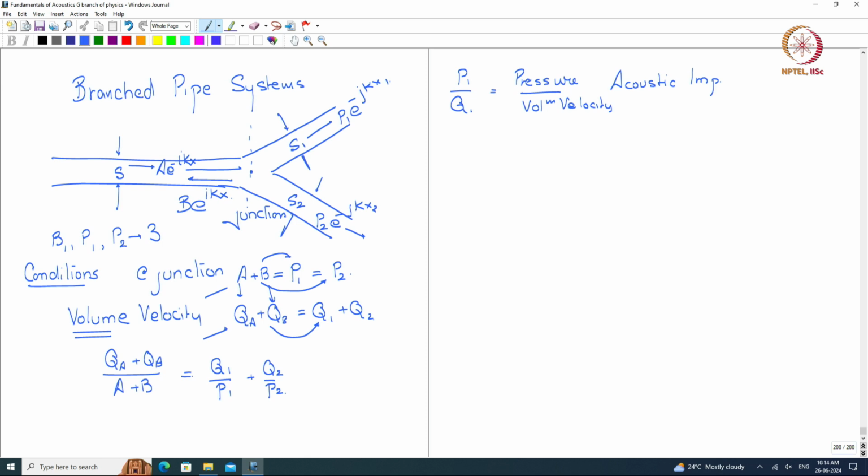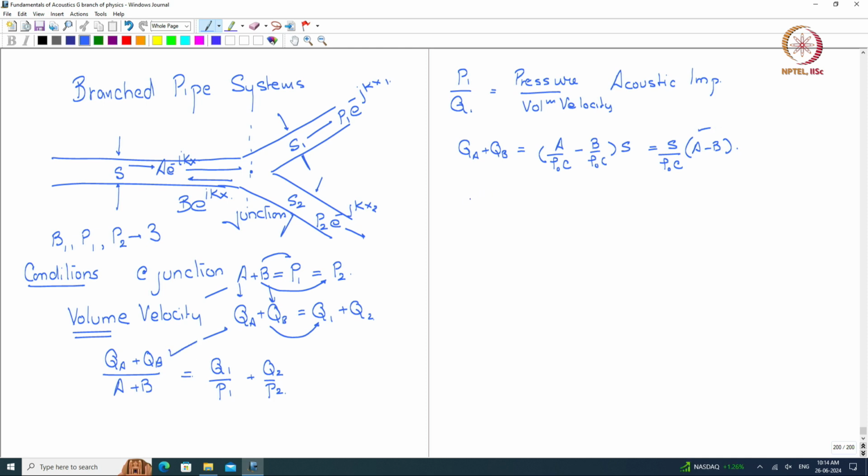Okay. So now QA plus QB is the volume velocity, which is what? Particle velocity due to A, particle velocity due to B, into the cross section area. So, S divided by rho 0 C into A minus B. So, if we use this over here, what do we get?